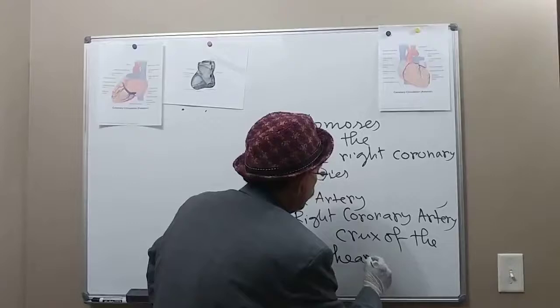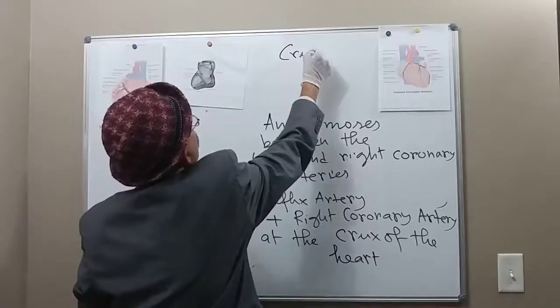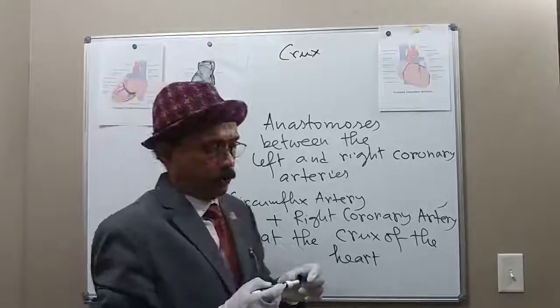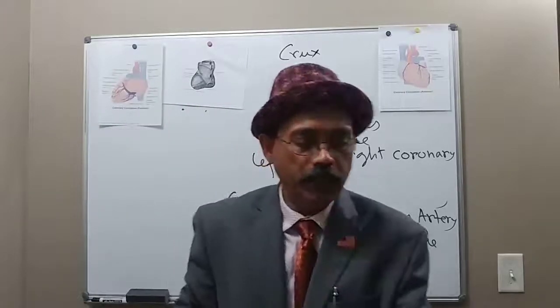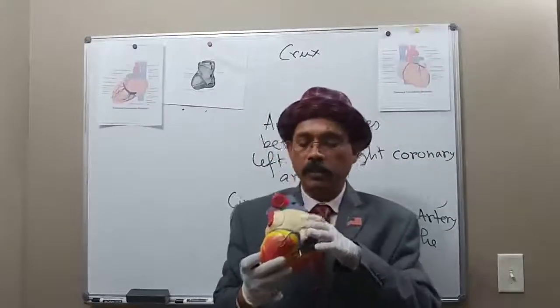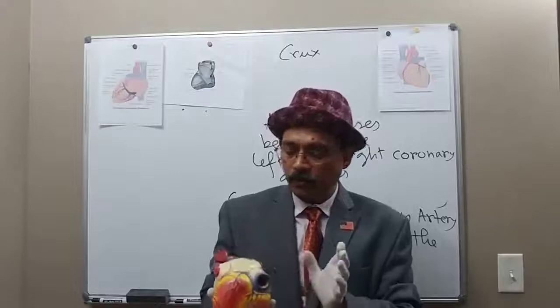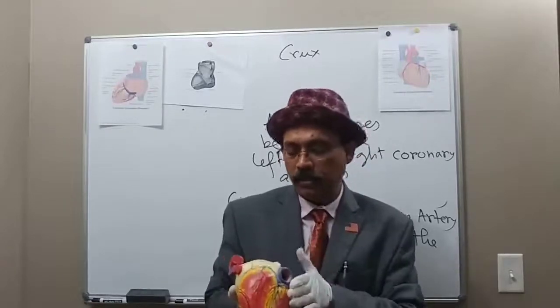Okay. What is crux? Crux is the area on the posterior aspect of the heart where all four chambers come in contact together. Okay. So suppose this is the left ventricle, right ventricle.